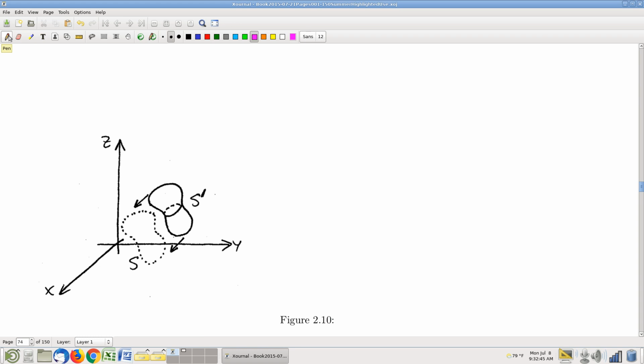And specifically, we're interested in the equation f of x plus 1, comma y, comma z equals 0.